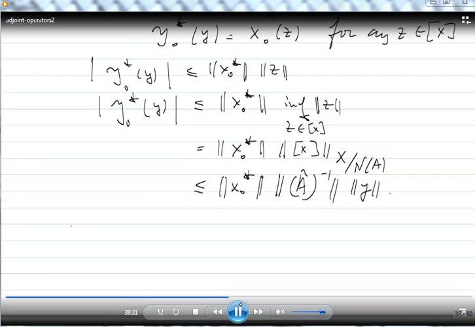So y0 star is continuous, bounded, and its norm is less than the norm of x0 star times the norm of A hat inverse.